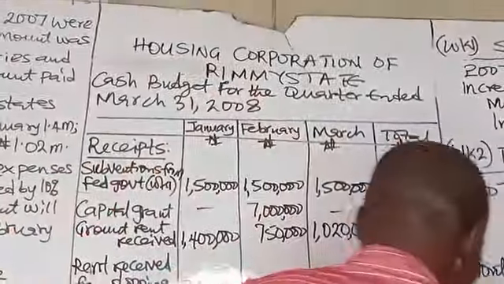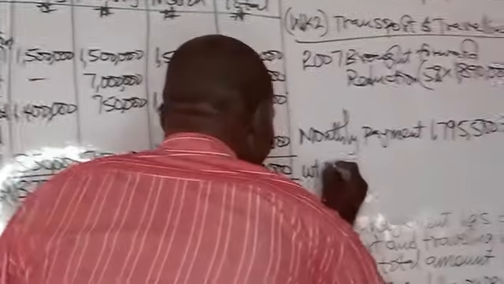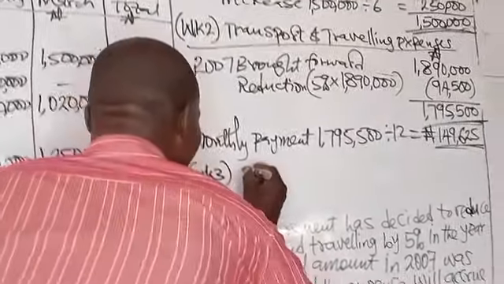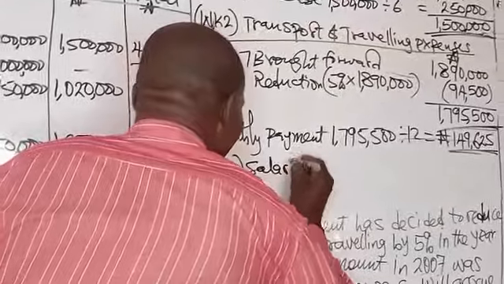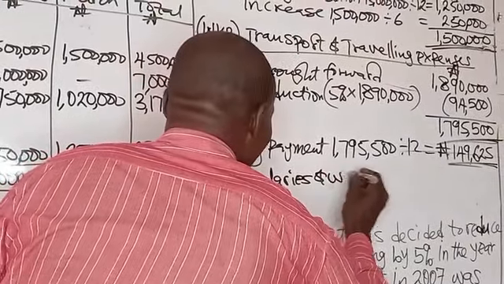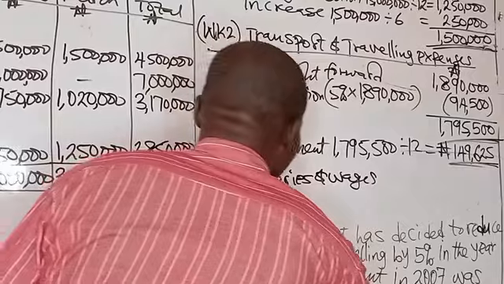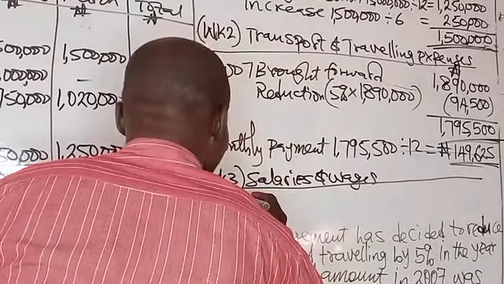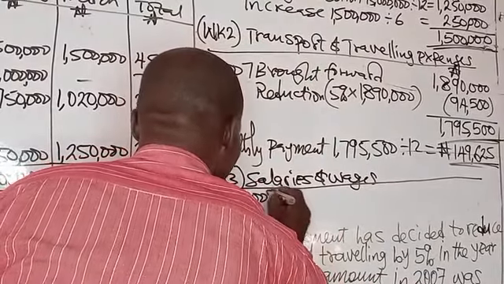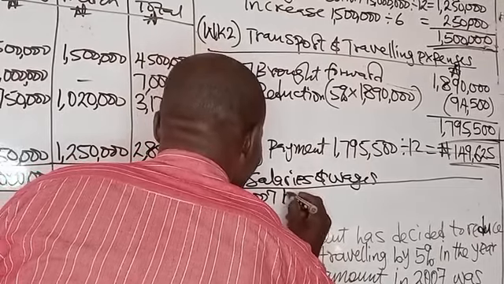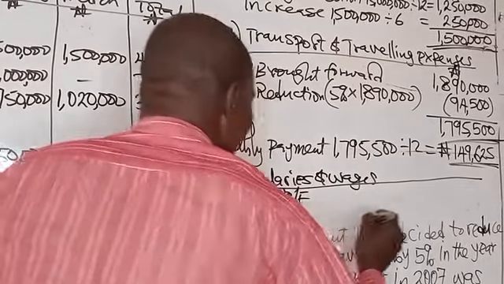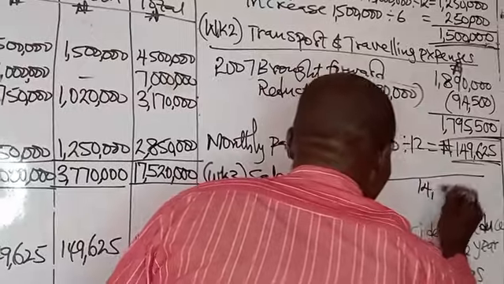Now, working 3, which is for salaries and wages. We were told 2007 brought forward was 14 million naira.